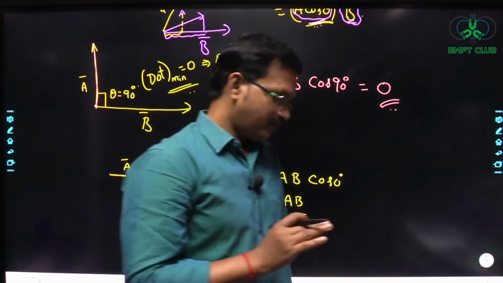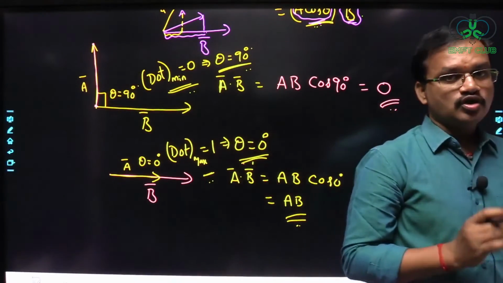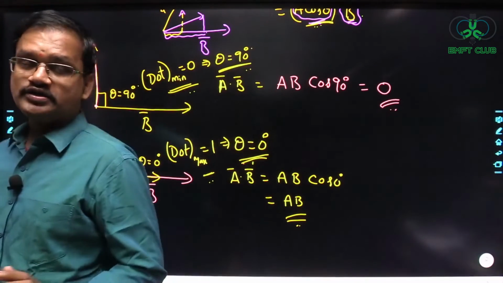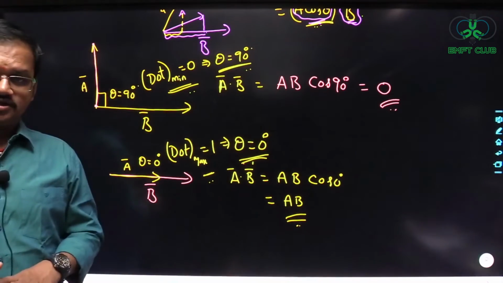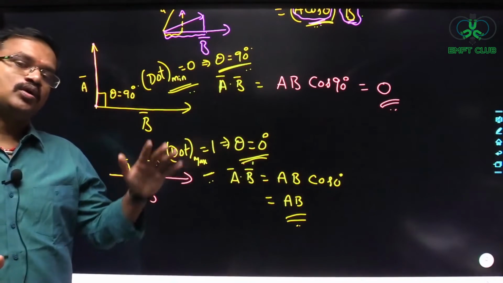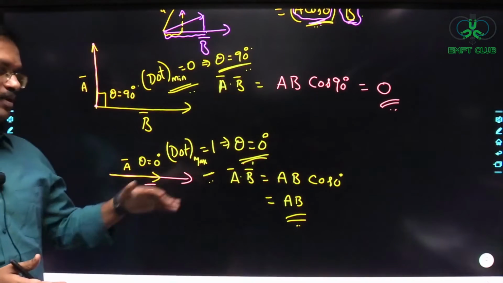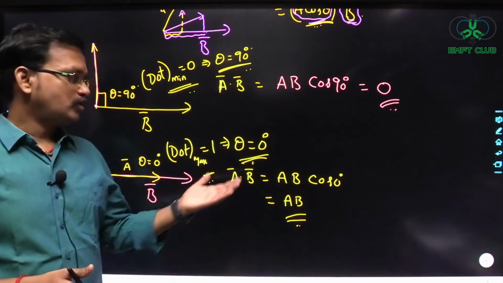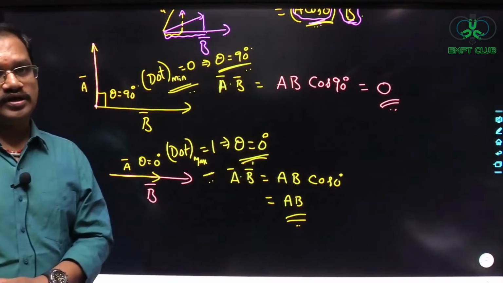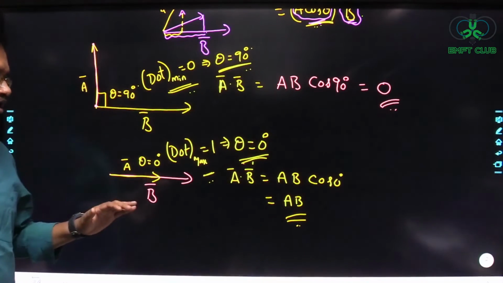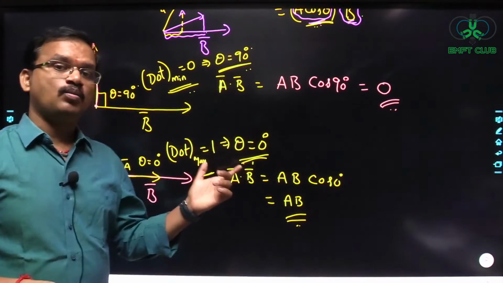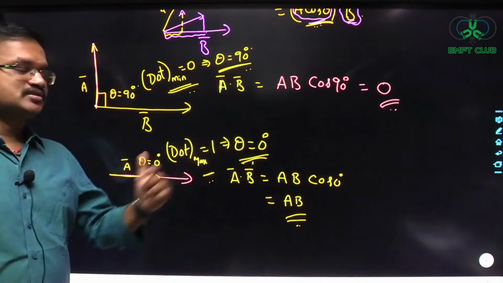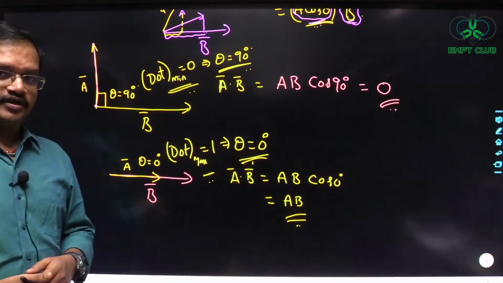Okay, so whenever theta is equivalent to 0 degrees, in that case both the vectors are going to lie in the same direction. So the total A bar will lie along B bar. So in this case the dot product value will be maximum. So in this case theta is equal to 0 degrees. Okay, so the dot product will be maximum when both the vectors are lying in the same direction, and in this case the theta value is equal to 0 degrees, right?